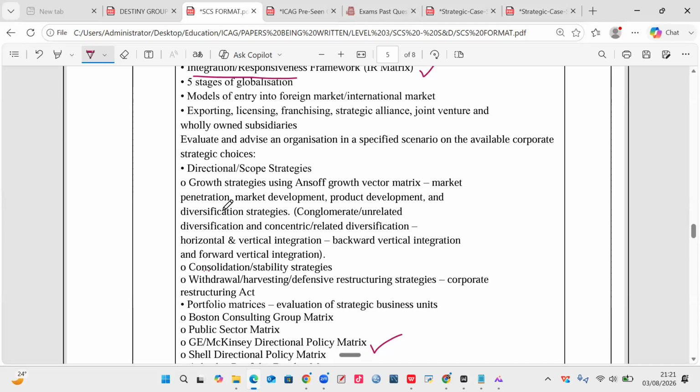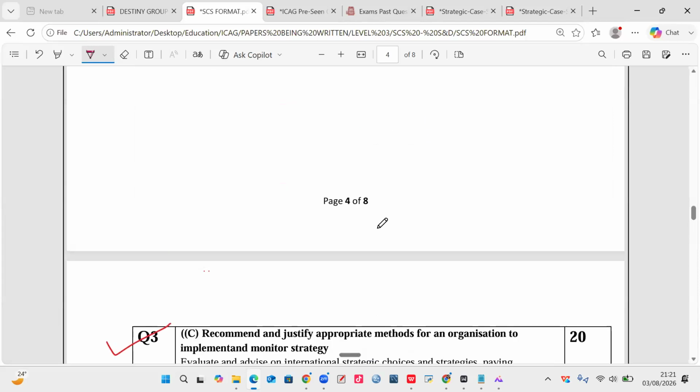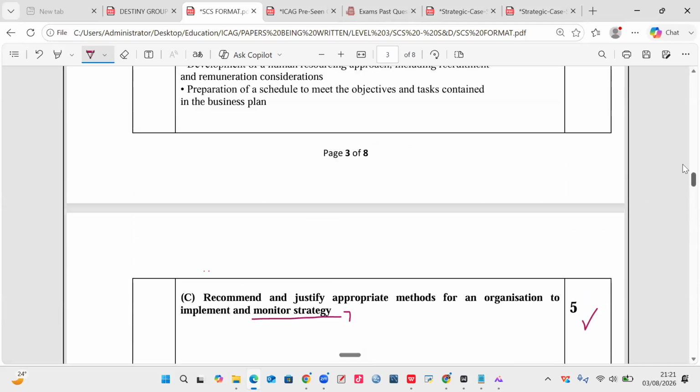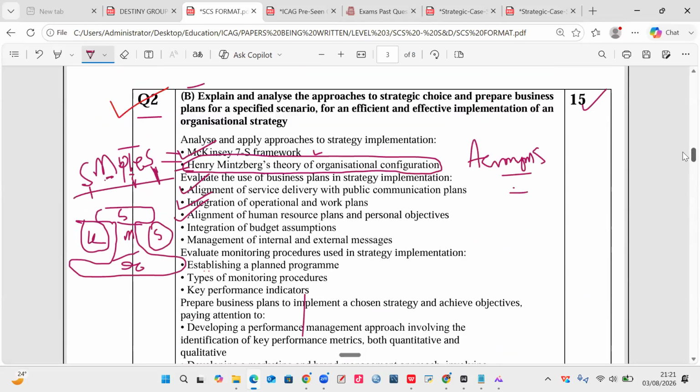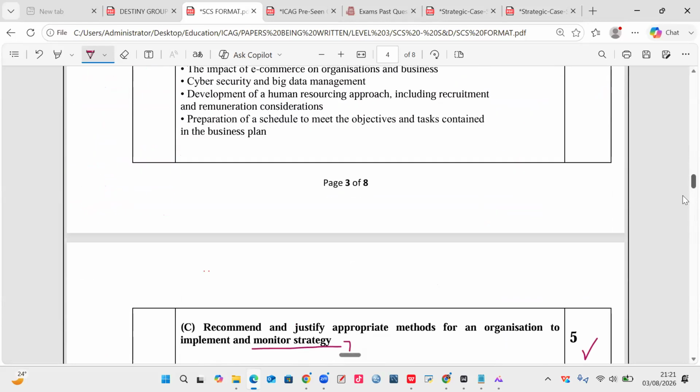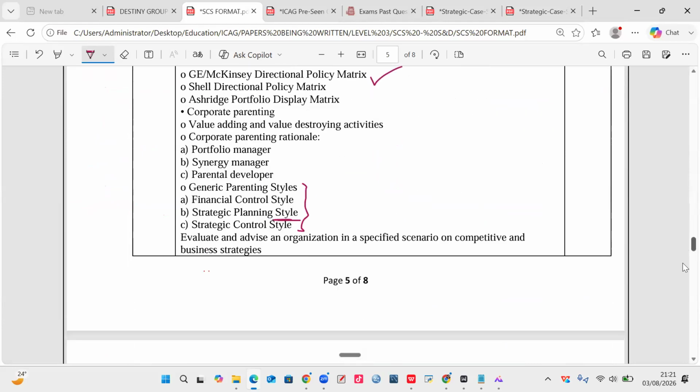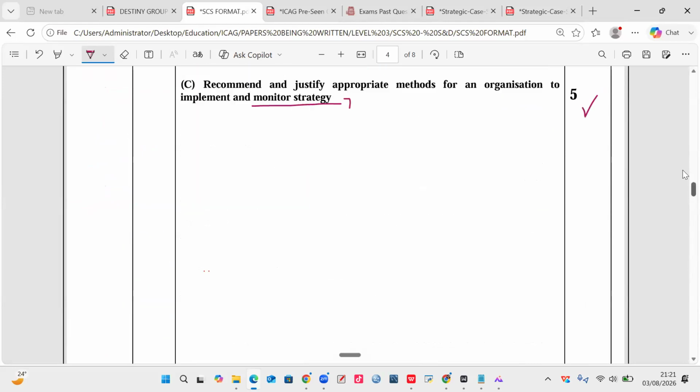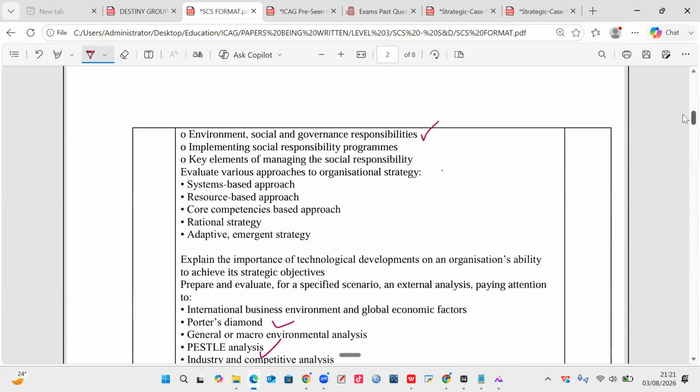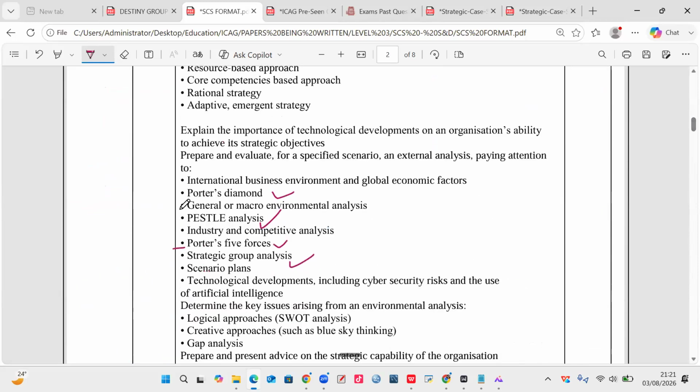So with the PESTLE analysis, the data or the facts in the case, you can clearly link them to the questions when you are solving. But there are some where it looks like you just have to copy and paste what is in the slides. You can't link it to the case, you just have to provide the concepts.